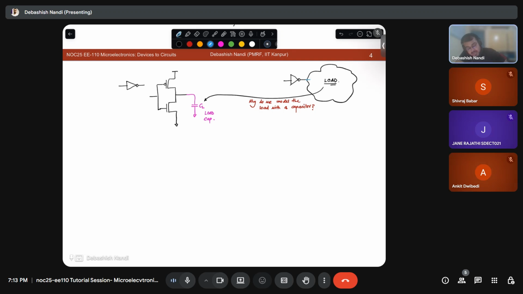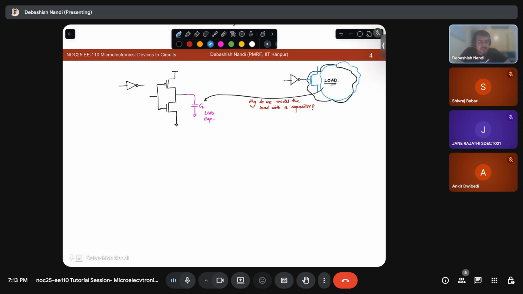So whatever is connected, mostly you will see that the input stage of this load will be the gate of a MOSFET, so there is no DC path of conduction. Fine. So whatever is connected after that, you can easily model, or lump, into a single capacitor. We call it a load capacitor. Okay, so this is one capacitor.